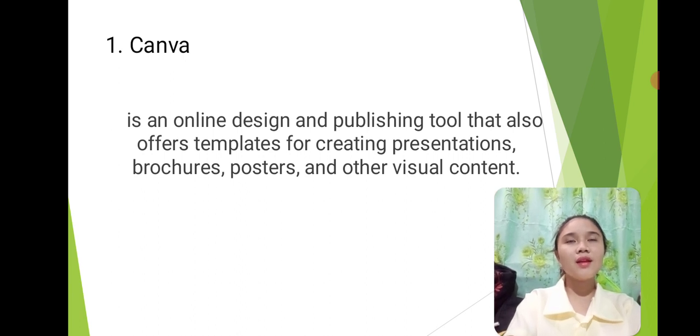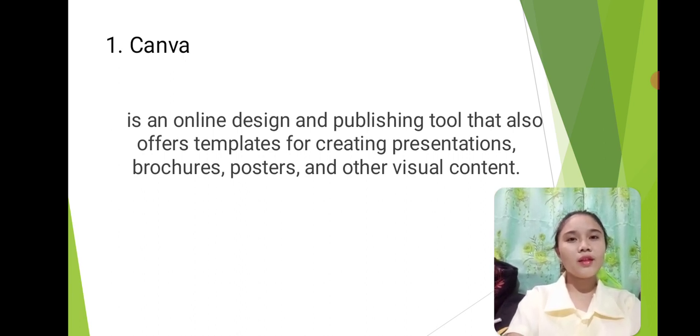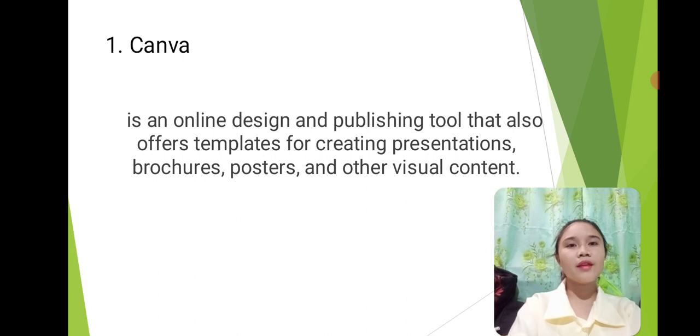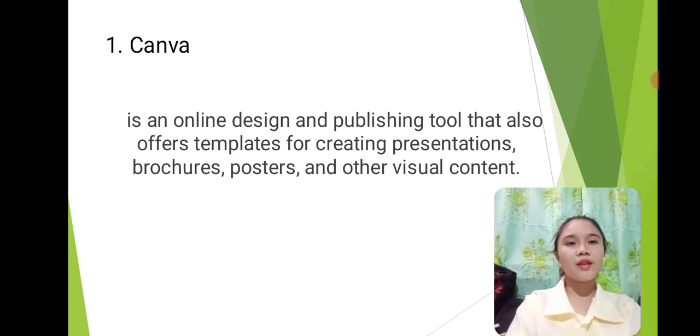Canva is a common app for us because it not only features presentations, brochures, or posters. There are also images, content, text, and other designs that we can use to create a colorful and effective presentation.